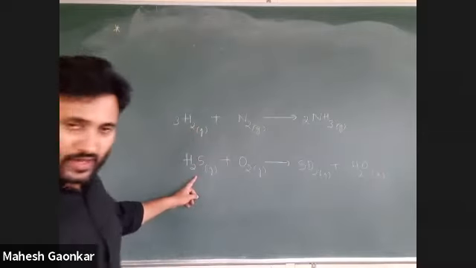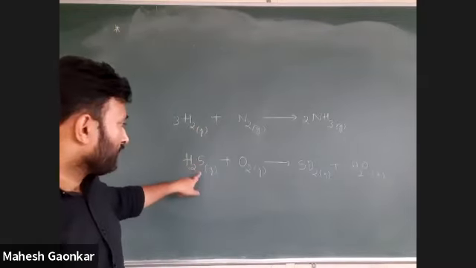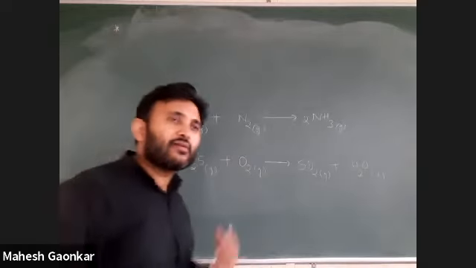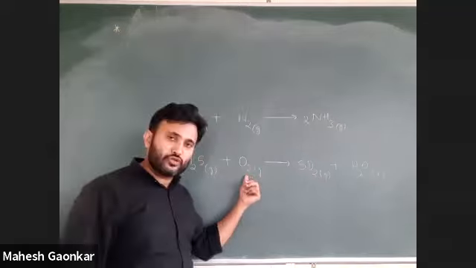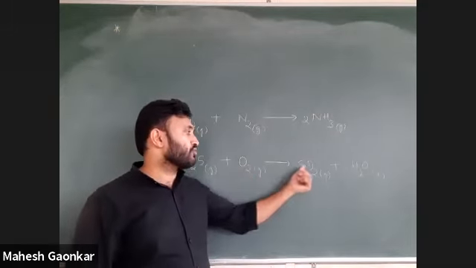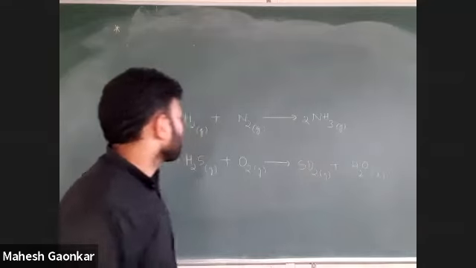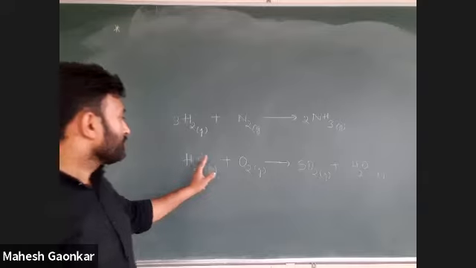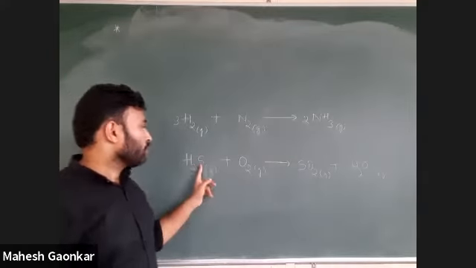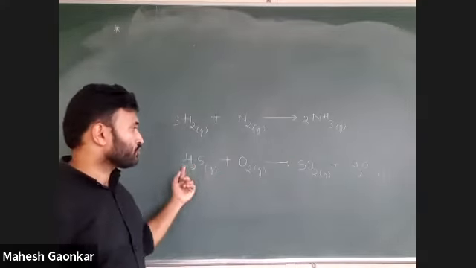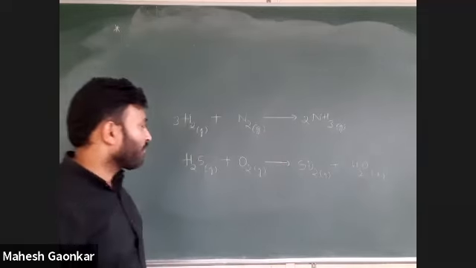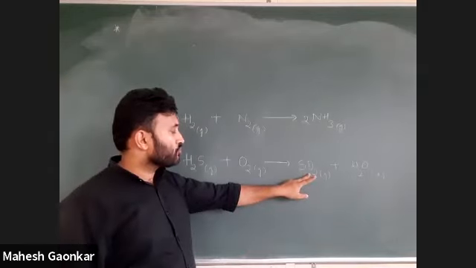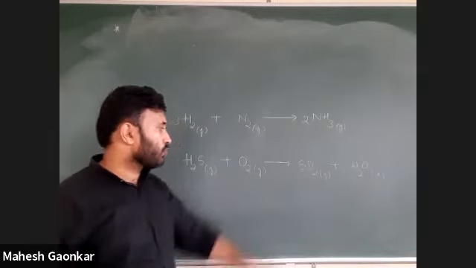H2S, hydrogen sulfide gas, when it burns in air. So whenever we are taking air, we consider only the oxygen. O2 gas gives SO2 plus H2O. Hydrogen balance. Sulfur balance. 1 sulfur atom, 1 sulfur. 2 hydrogen atoms, 2 hydrogen atoms. Now oxygen atoms, how many oxygen atoms? 2 plus 1, 3.